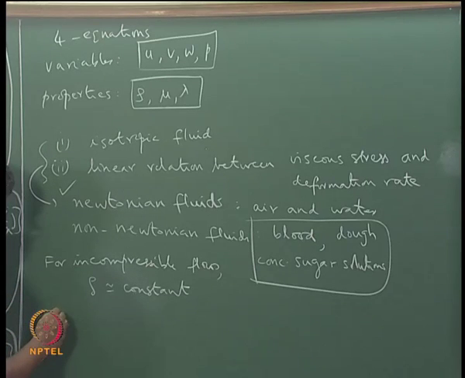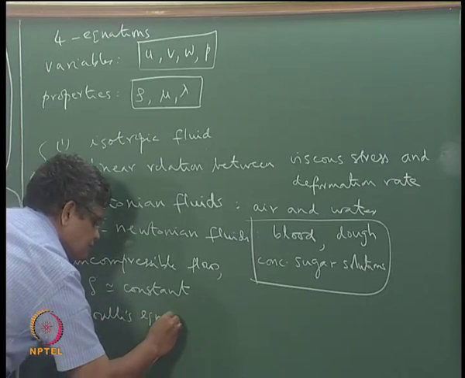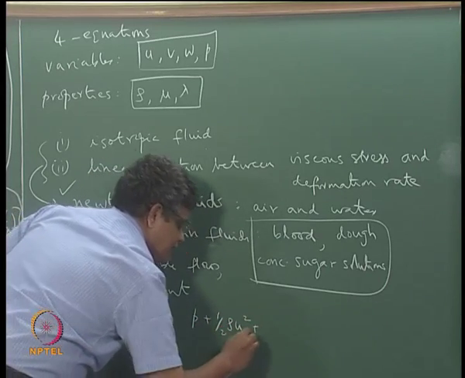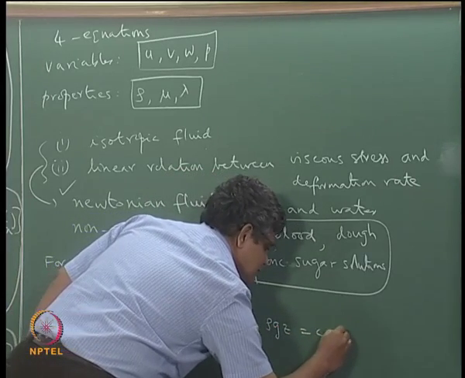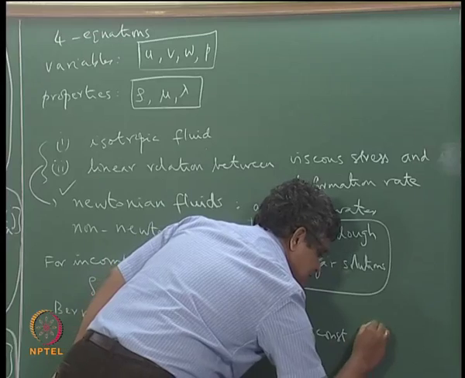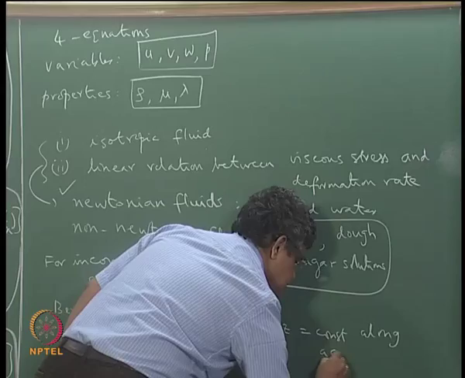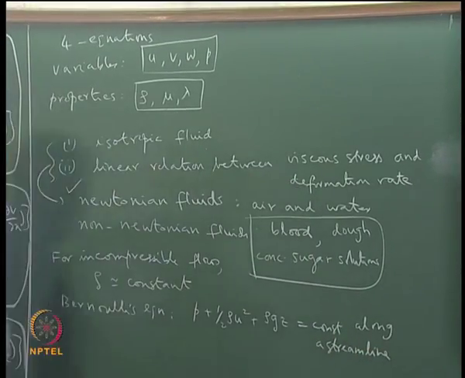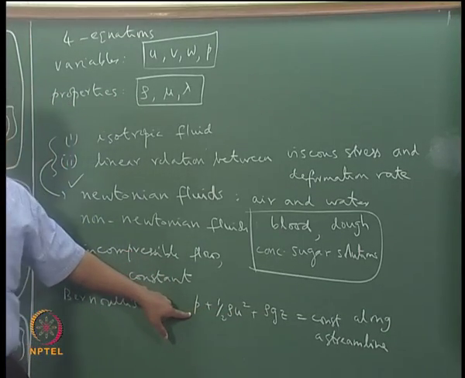For example, if you consider Bernoulli's equation, we have P plus half rho u squared plus rho g z equal to constant along a streamline, what this means is that when u changes, then P changes.